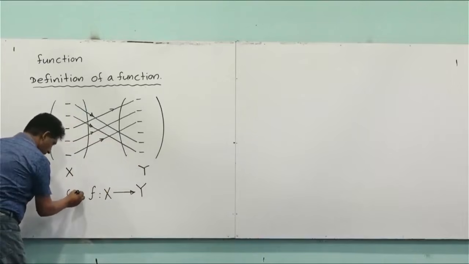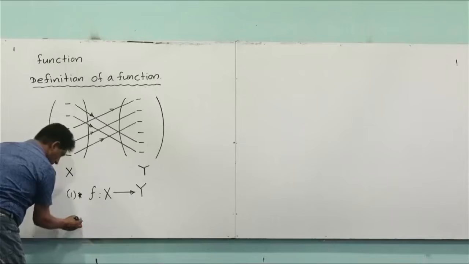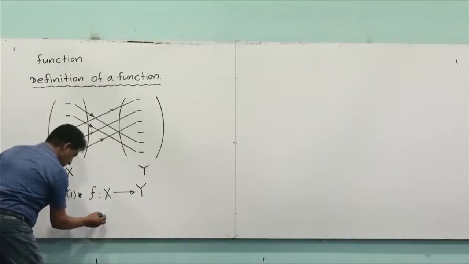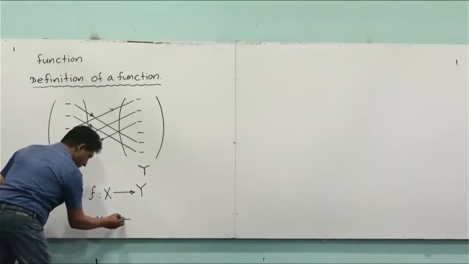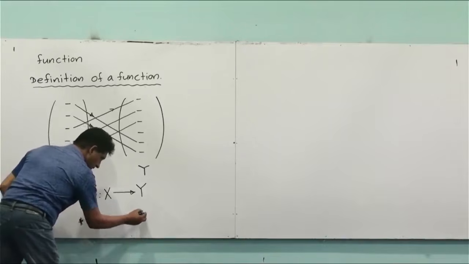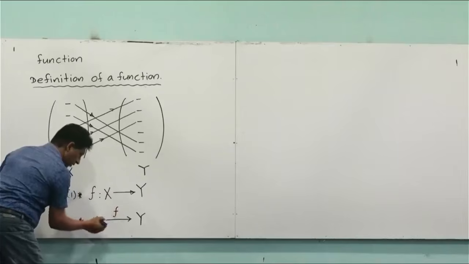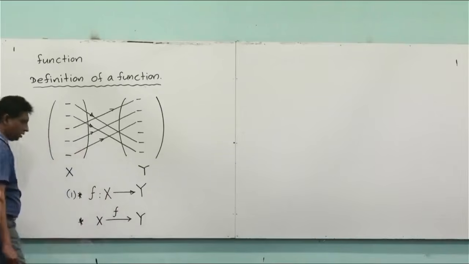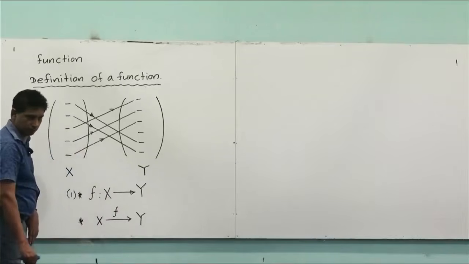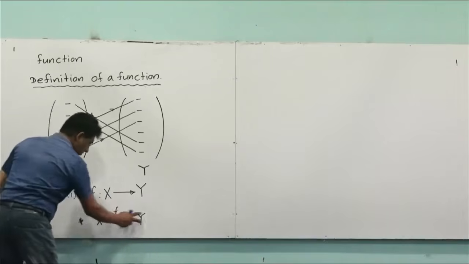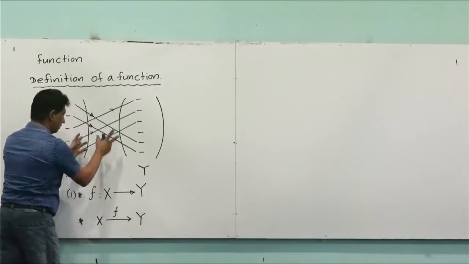Then there is another notation also. It is this way. We put an arrow from capital X to capital Y, right? Then we write the function notation above that arrow, right? This is also an expression for function, right?